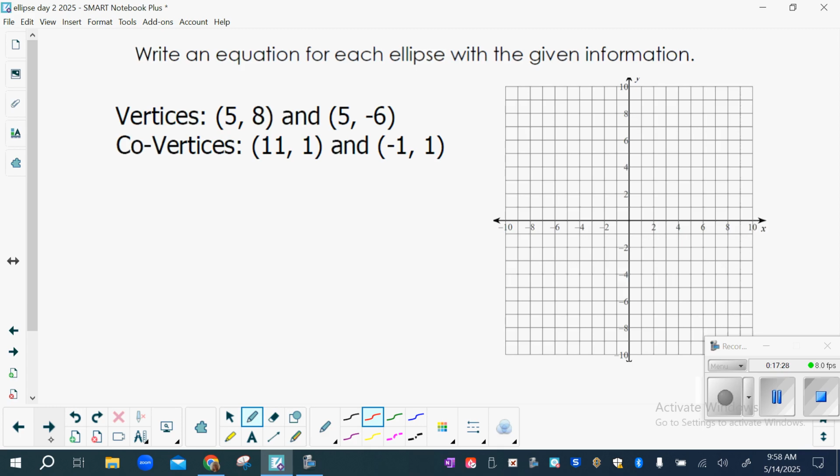But if you feel like, Miss T, I don't feel like doing all that work, can I pick up my pace? Do that too. If you just want to put your points on, cut it in half, and go from there, rock on. Just know you have to start with that center. That's the key.